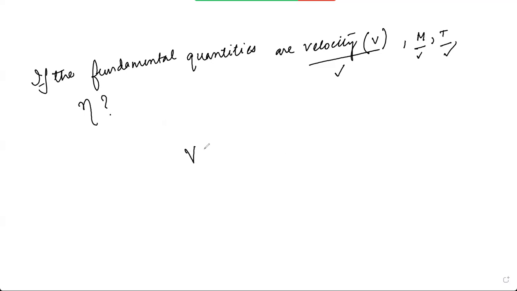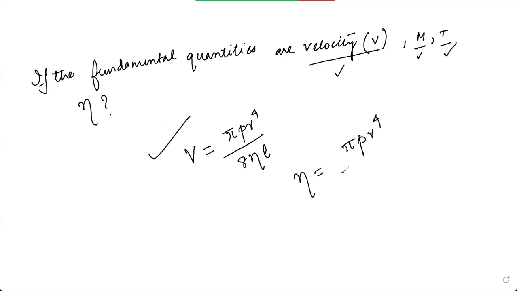So we know V equals pi P r to the power 4 by 8 eta L. This is Poiseuille's equation. Now eta will be pi P r to the power 4 by 8 VL.